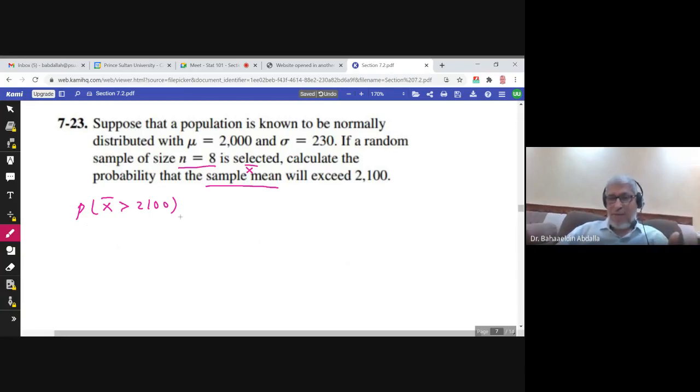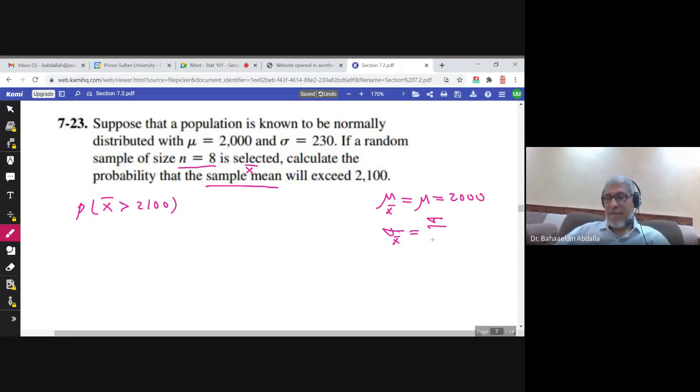According to the theorem, the distribution of X bar is normally distributed. With what mean? What is mu X bar? It is equal to mu, which is 2,000. So this is the mean of the distribution of X bar. What about the standard deviation of the distribution of X bar?